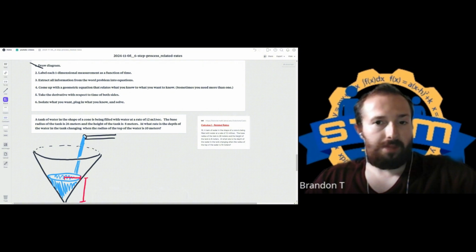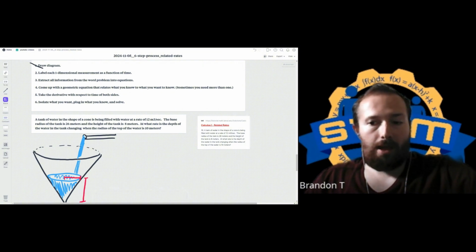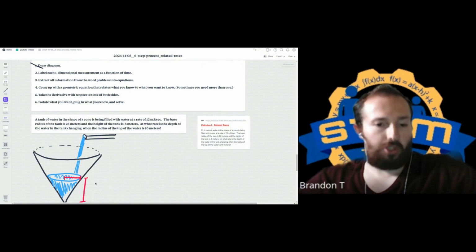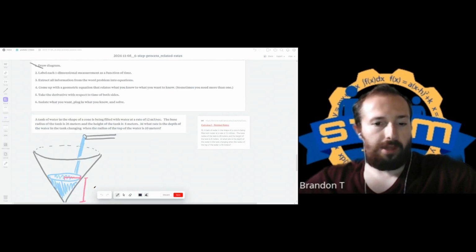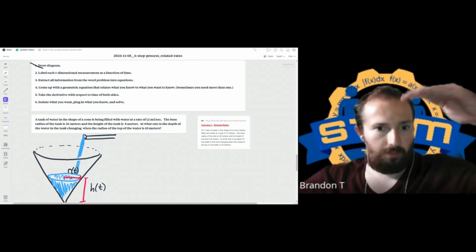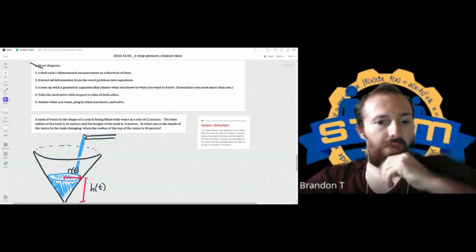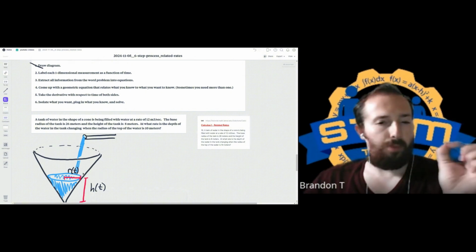What I do is I label these as functions of time, so I'm crystal clear from the beginning that we're dealing with functions of time. I'll call this H of T, the height of the water level. And then I'll call this R of T. That's the radius of the water level, if we're looking at it as an upside down cone at each point in time.